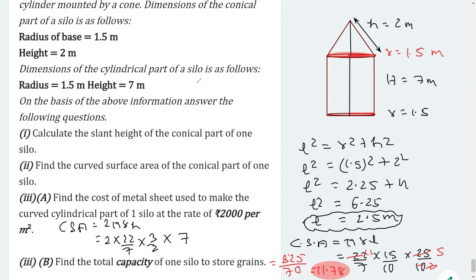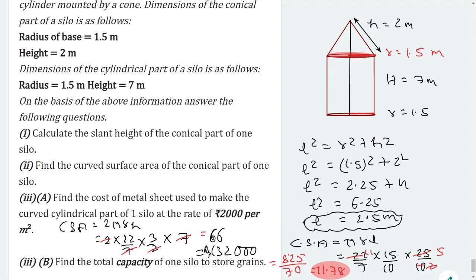Well, here this gets cancelled. So I can reduce 7 with 7, 2 with 2. So we are getting this as 66 meter square. And in order to get cost, we'll have to multiply with the rate. So 66 multiplied by 2000 will give you 132,000.